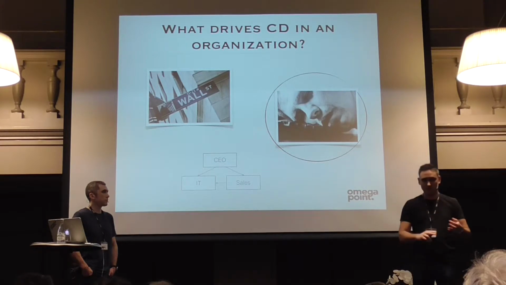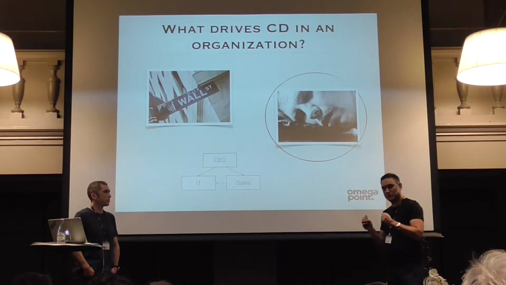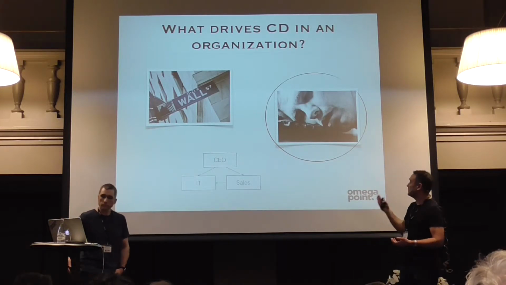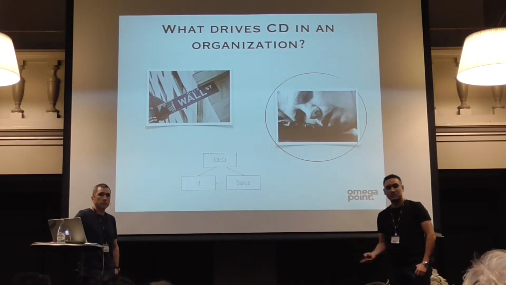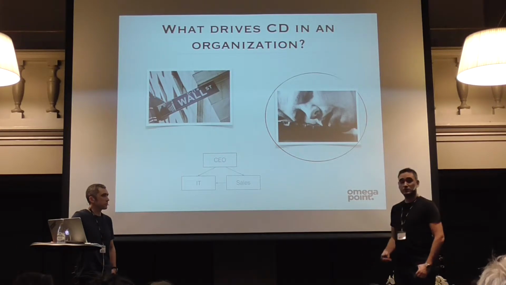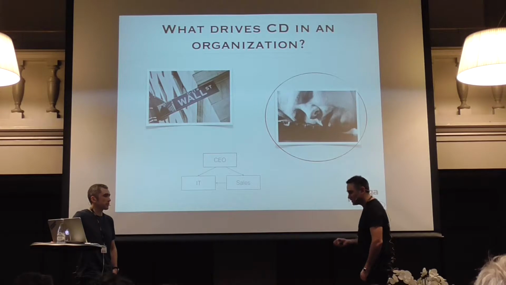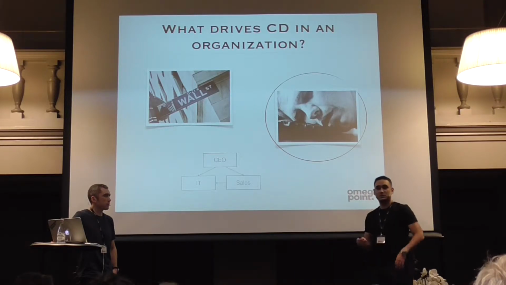People are on their toes. They keep their fingers crossed, say, hey, let's hope it works. And developers or the team might get really tired of this. They don't want to spend late nights and weekends and so on. So they might be the ones that drive continuous delivery. They want to say, hey, let's build software that's always production ready so that a deployment to production is just ordinary business.